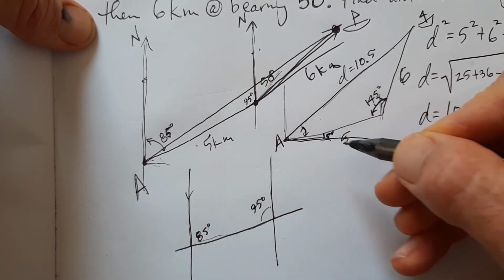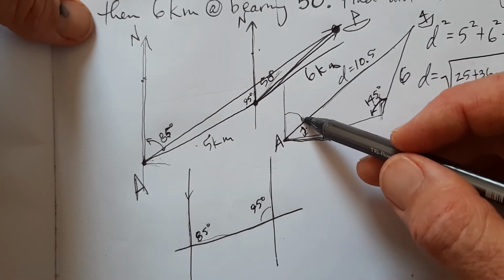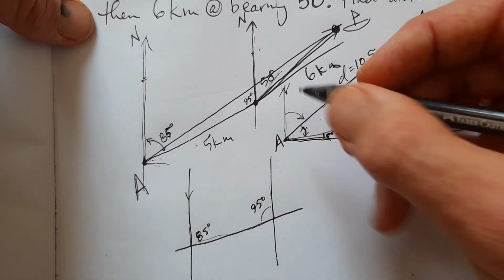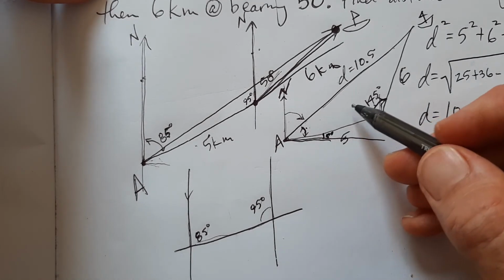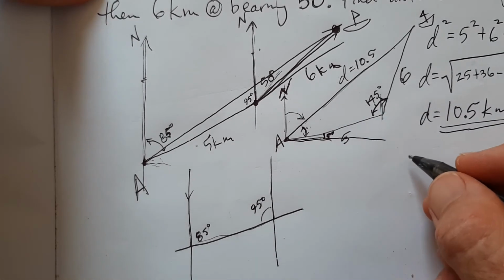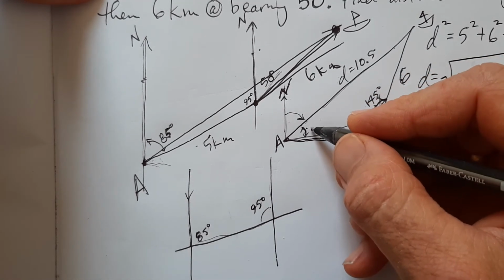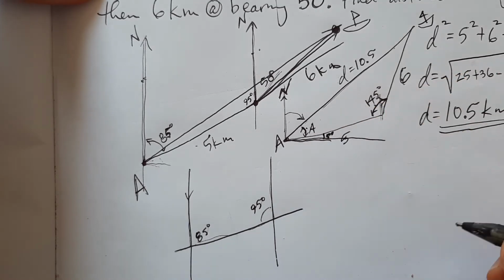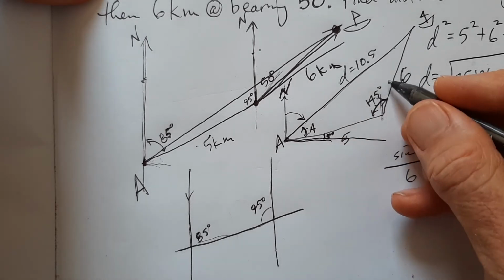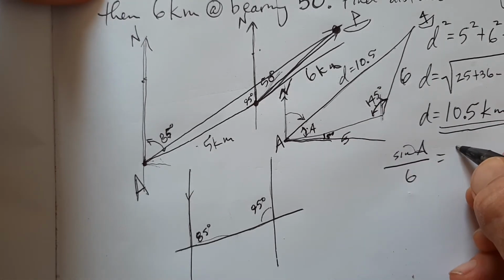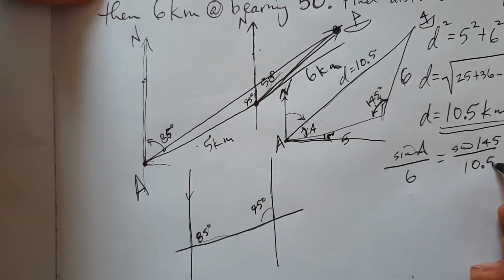If I know that angle there, this little angle in here is 5 degrees. There are other ways to figure this out, but then I subtract from 90 and I'll get my bearing right here. This is north again. So how do I get that angle? Well, one way would be law of sines. Let's call the angle A. So the sine of A over 6, the opposite sides, equals the sine of 145 over 10.5.